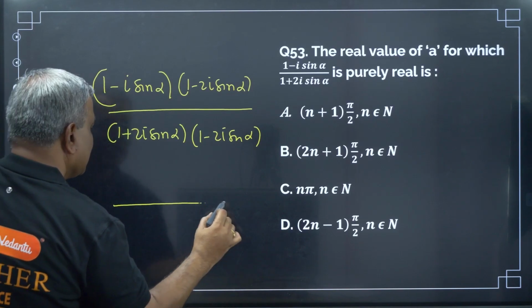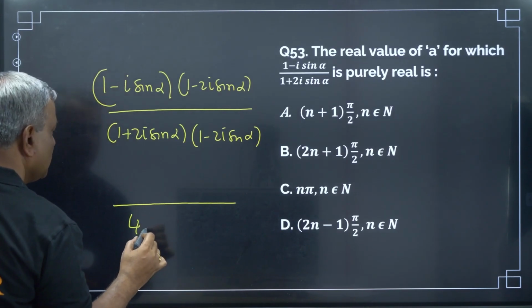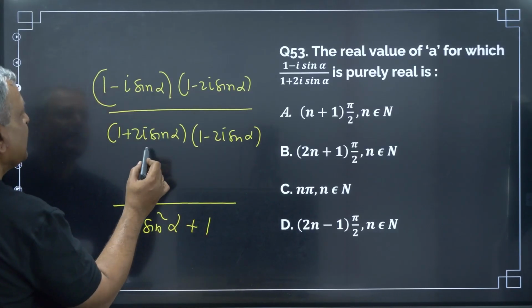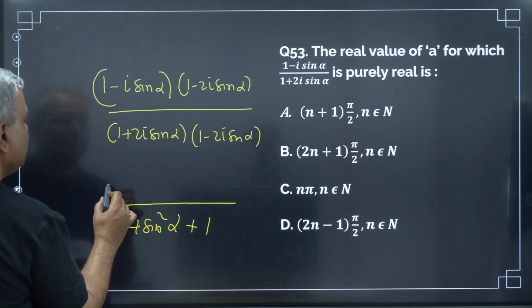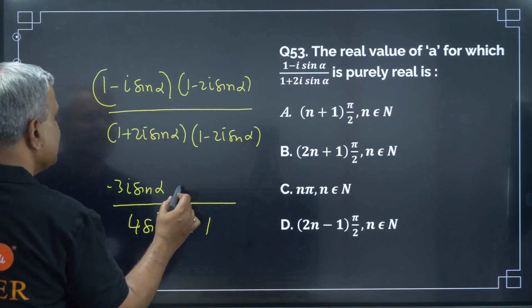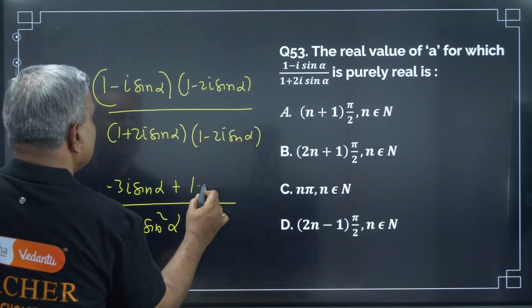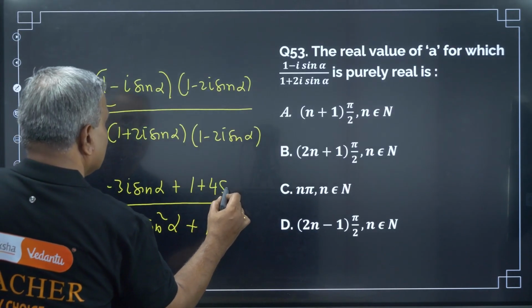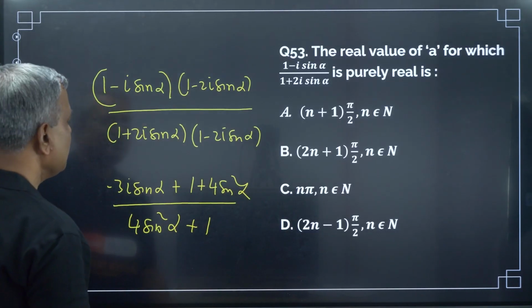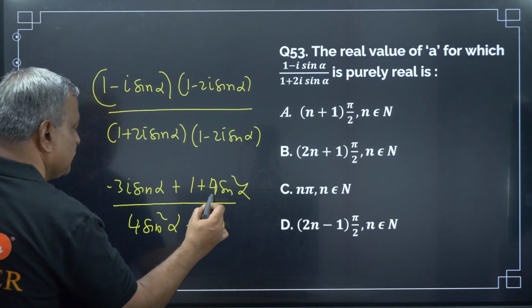So denominator becomes 1 plus 4 sin square alpha. Numerator becomes, imaginary part will be minus 3i sin alpha and real part will be 1 plus 2 sin square alpha, sorry.